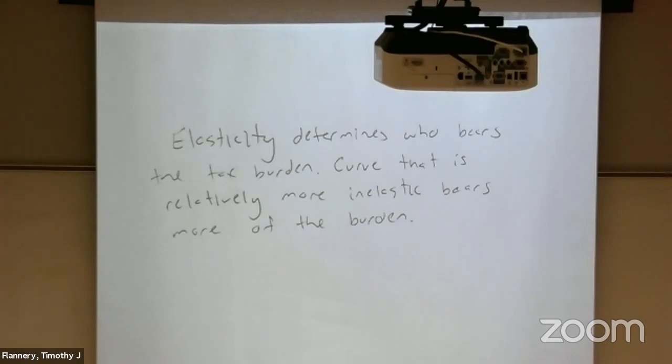So let's think about cigarettes. Is that going to have elastic or inelastic demand? More inelastic demand, and particularly for older smokers, maybe not for younger smokers, but for older smokers. It's a lifelong habit. So whenever we raise the tax on cigarettes, is it the buyer or the seller paying them?